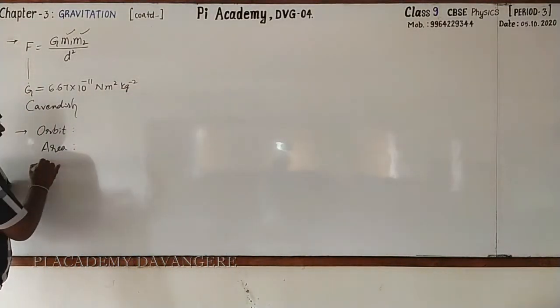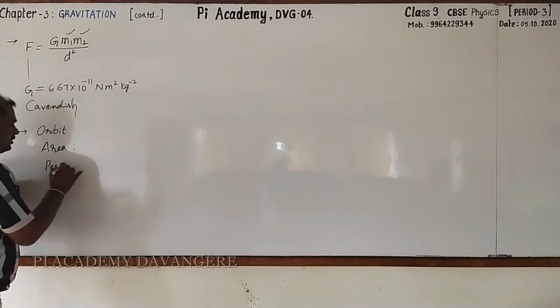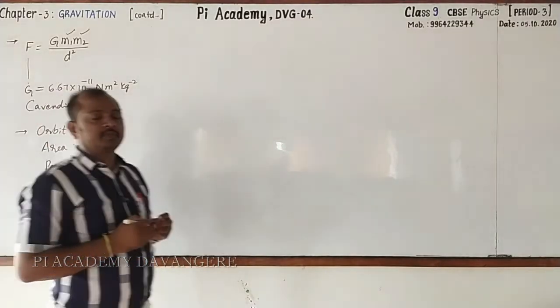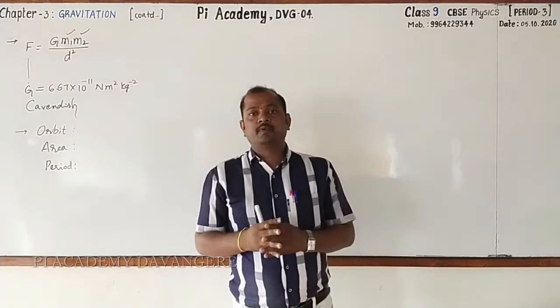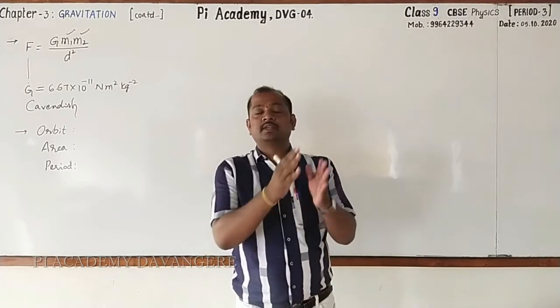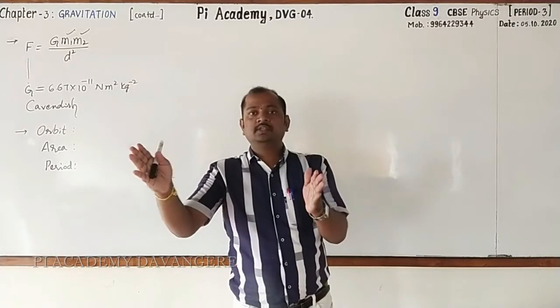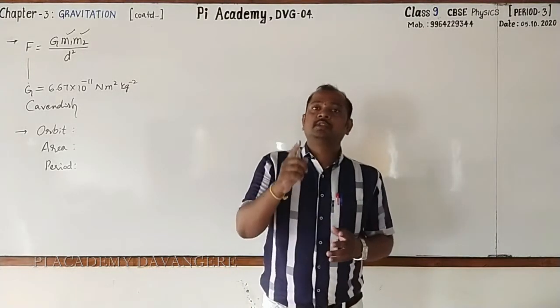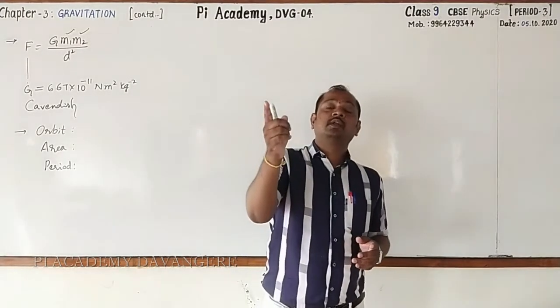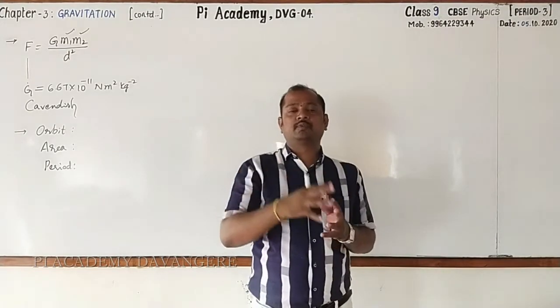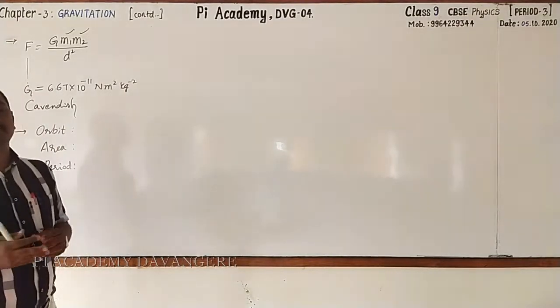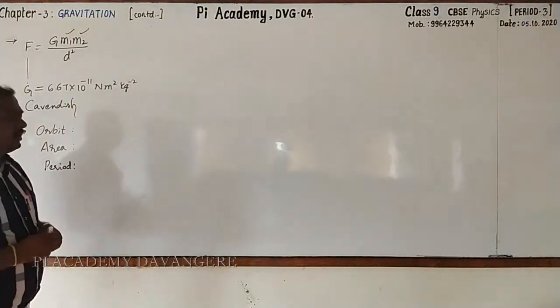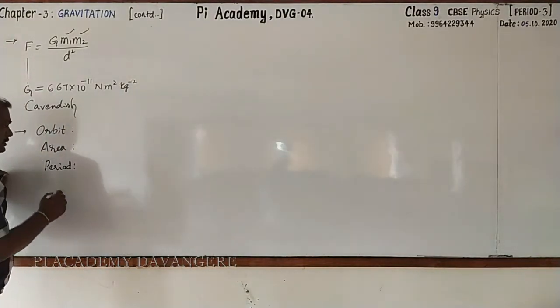Next, what about the third law? It is the law of period. Then what is its statement? The cube of the average distance between the sun and the planet is directly proportional to the square of the total period of revolution of the planet, and this is the only law which can be expressed mathematically. Can you tell how it can be expressed?